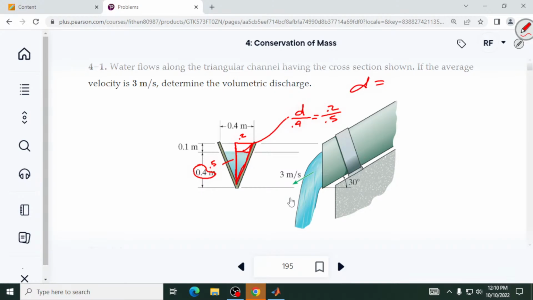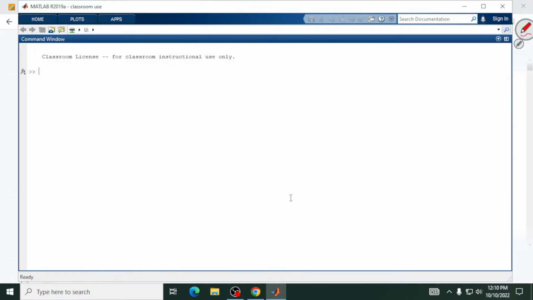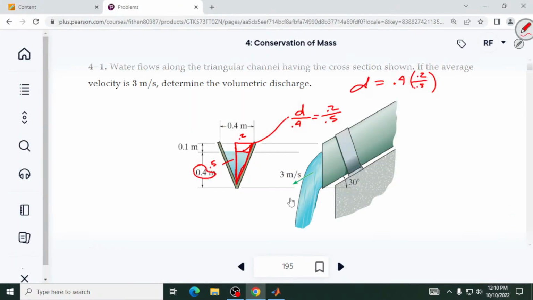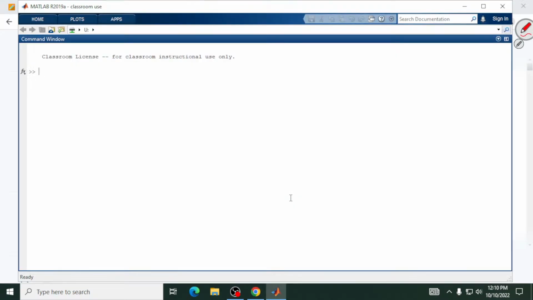Yes, I do. Give me a second. Okay. Oh, lost the screen. 0.4, okay, 2/5 of 0.4 is 0.16.